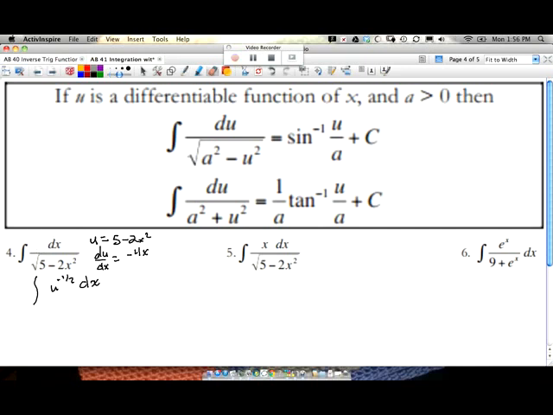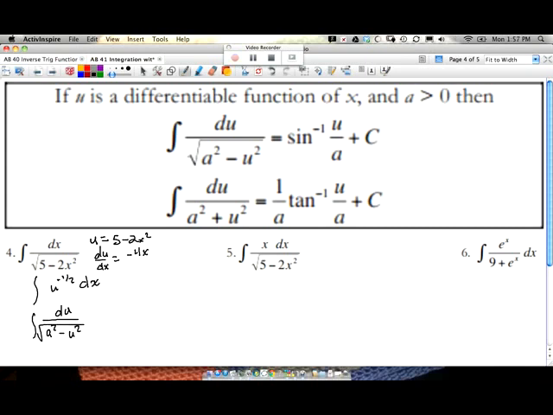So when you're stuck with that, you should start considering some trig substitution. I see that this is really like du over the square root of a squared minus u squared, all inside a radical.